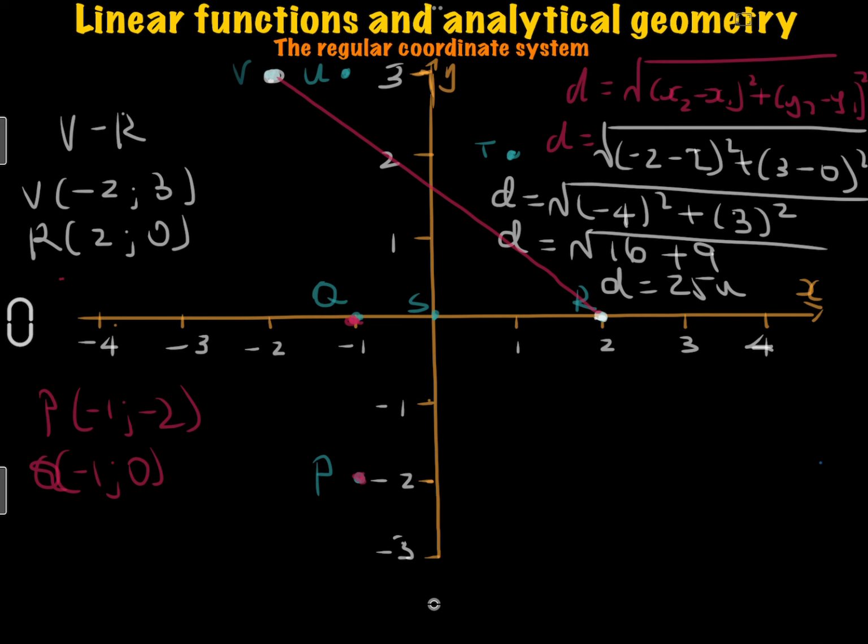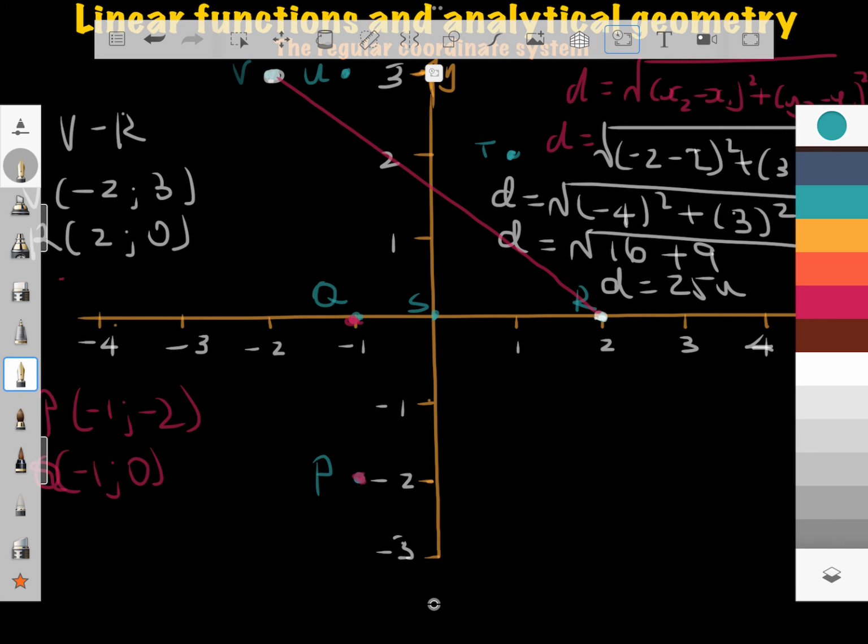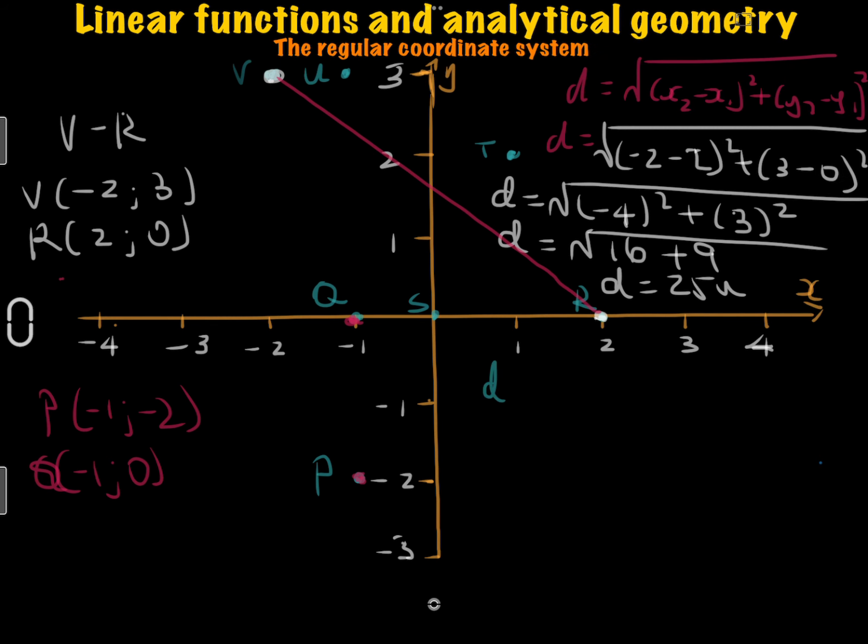Now to find the distance using the distance formula, I'm simply going to say D is equal to the square root of (x2 minus x1) raised to the second power plus (y2 minus y1) raised to the second power.